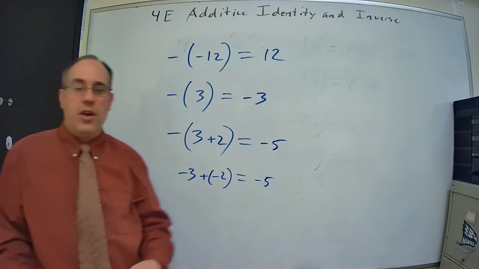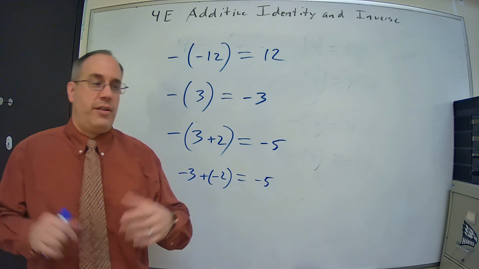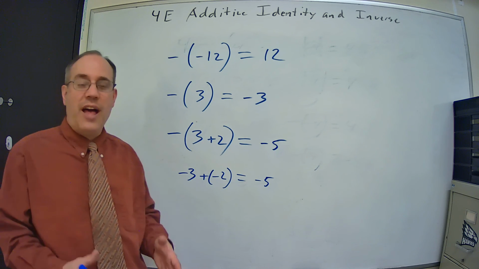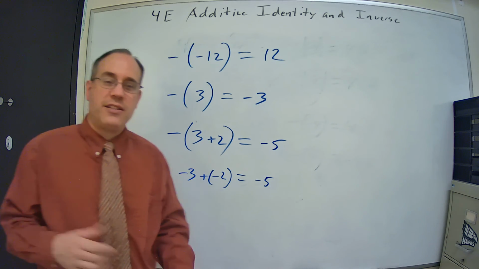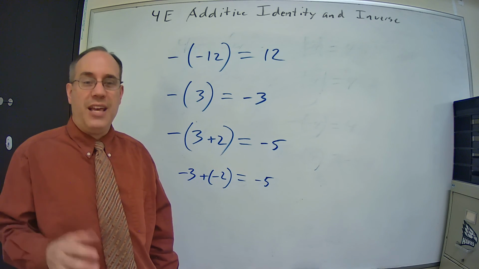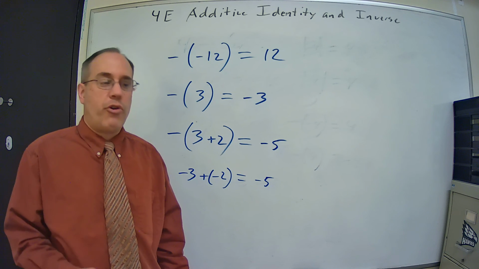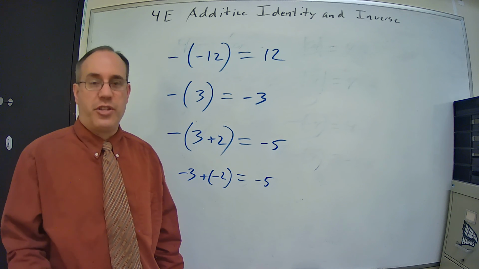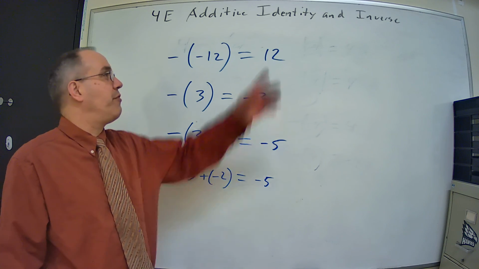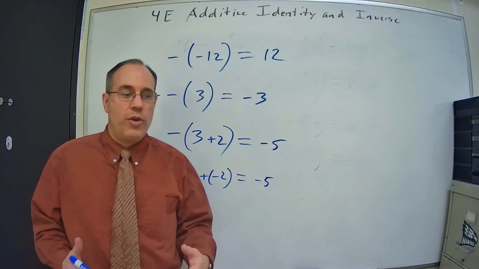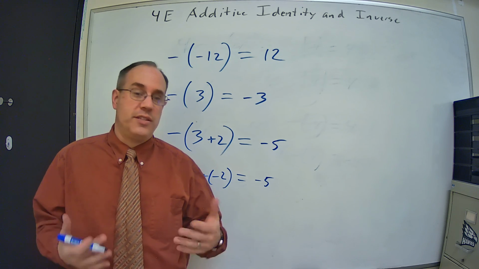Additive inverses, we were already using when we were subtracting signed numbers. So there's not a lot of new stuff; it's a lot of reuse of things that you've been using that you just haven't had a term to define. We called it change the sign. In reality, you were finding the additive inverse. So we put all sorts of fancy names on what otherwise are relatively simple tasks.